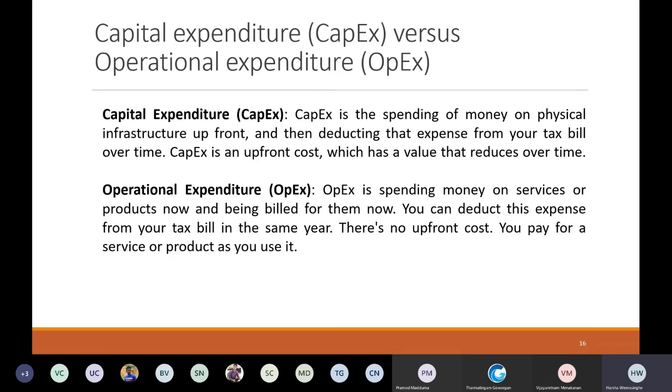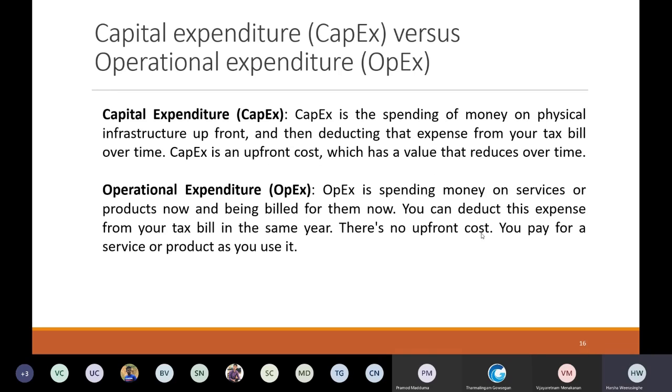Capital expenditure is the spending of money on physical infrastructure upfront. Even before you use your data center, even before you install your software, you have to spend some amount of money. That is what is meant by capital expenditure. Then you deduct that expense from your tax bill over time. So CapEx is an upfront cost which has a value that reduces over time.